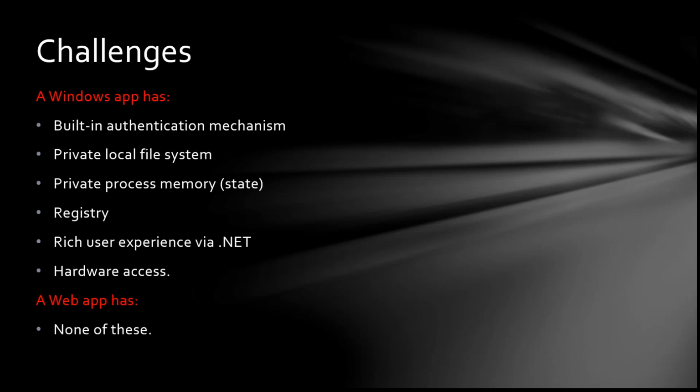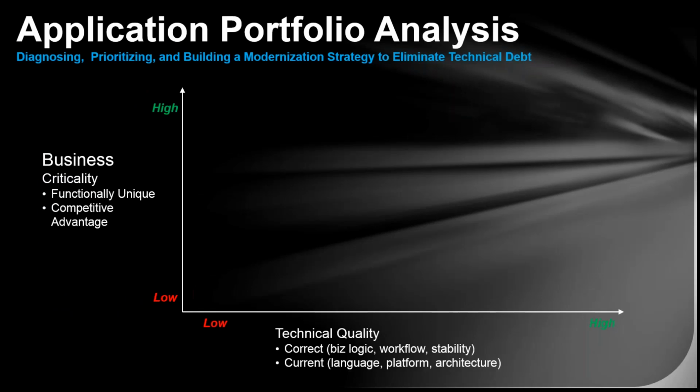Now, when you look at the portfolio across your organization of legacy applications, how do you decide what the outcomes or the strategy should be for those individual applications as they go forward? So where do you devote your resources?